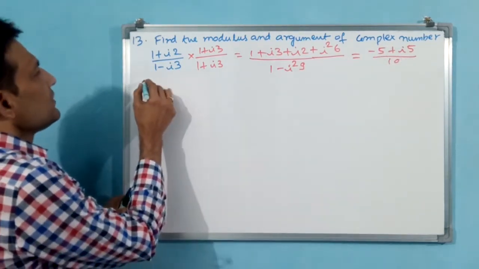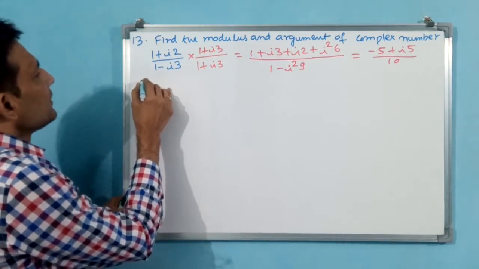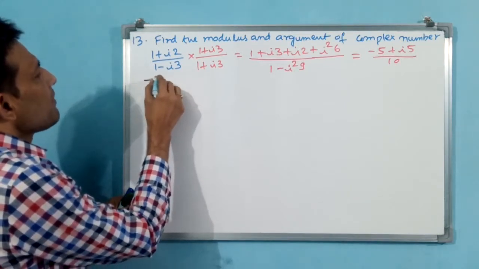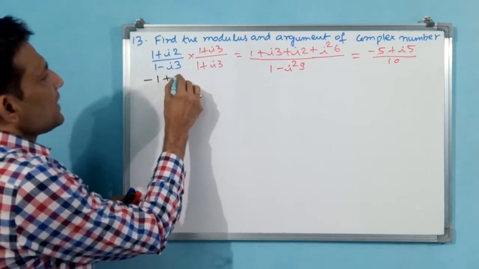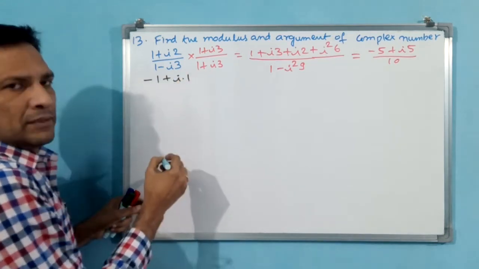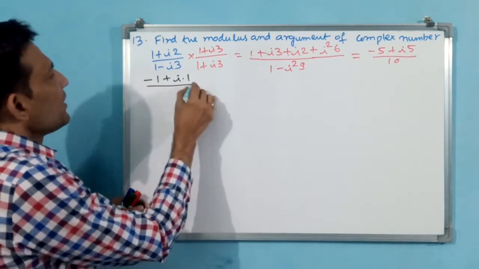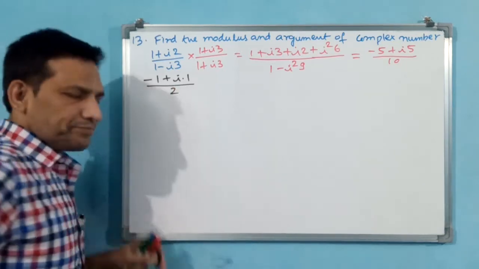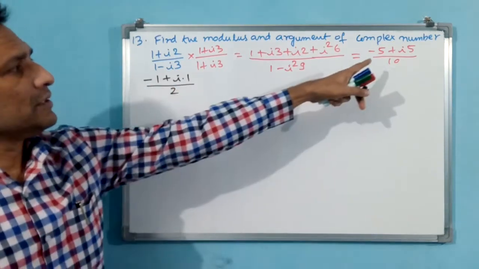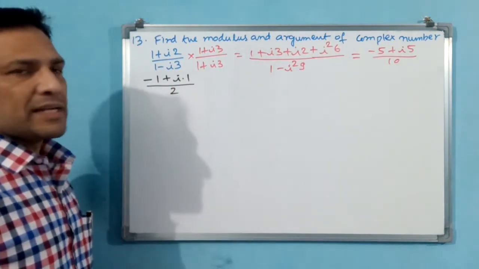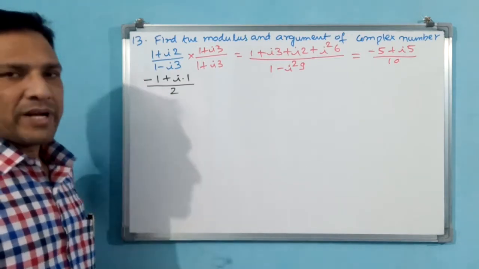Now you see, minus 1 plus i 1 by 2. Because I have taken 5 common and cancelled it out from numerator and denominator.